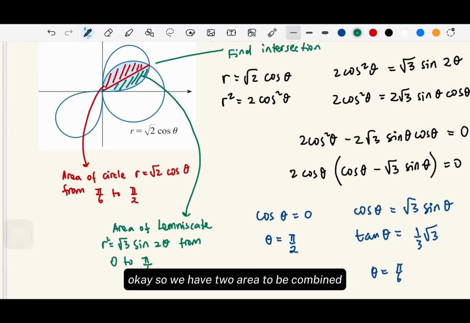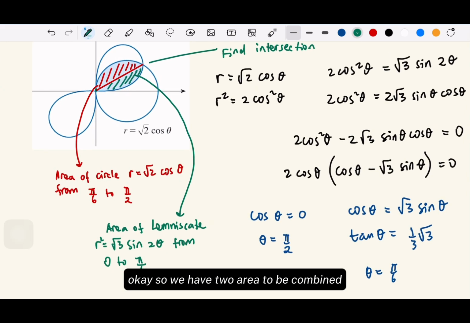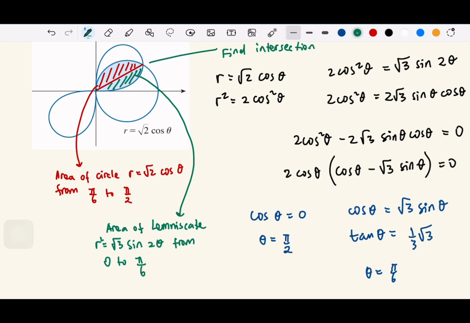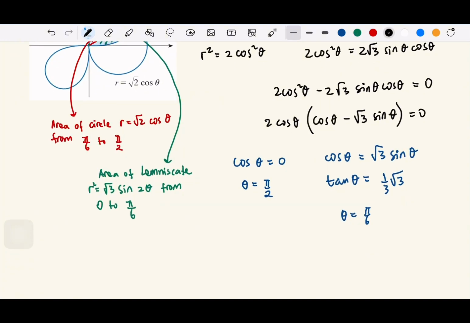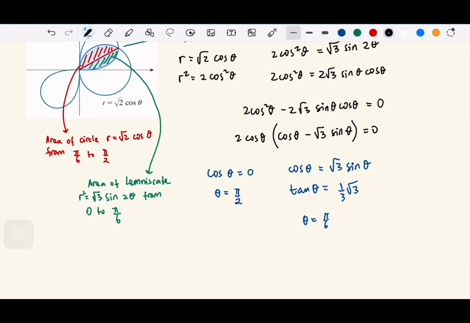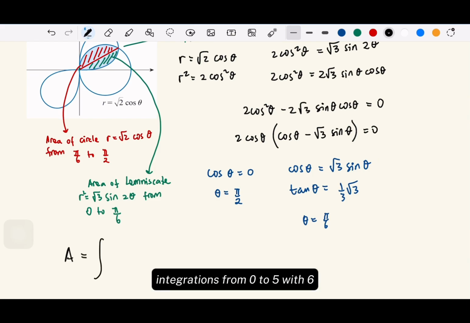Okay, so we have two areas to be combined. First is area of circle, and second is area of the scale, with different interval. So to combine these two, we can just write area equal integration from 0 to pi over 6, and let's say we start from the Leibniz scale.